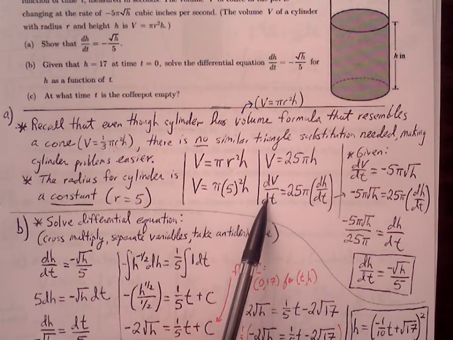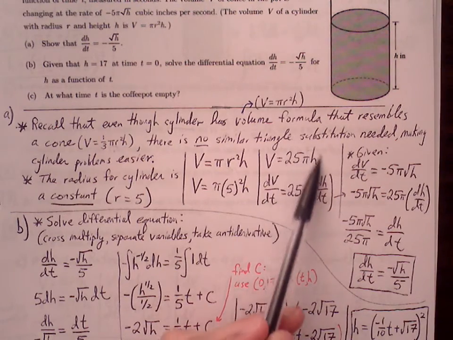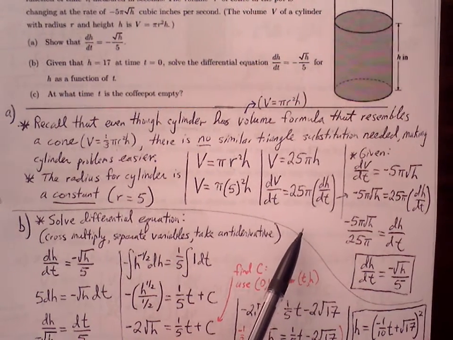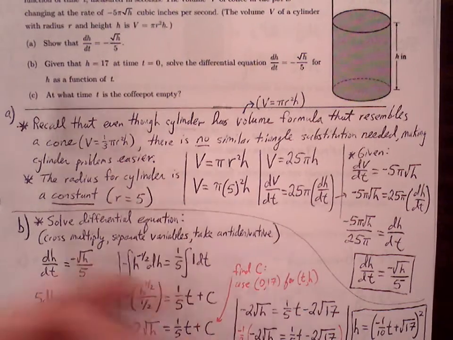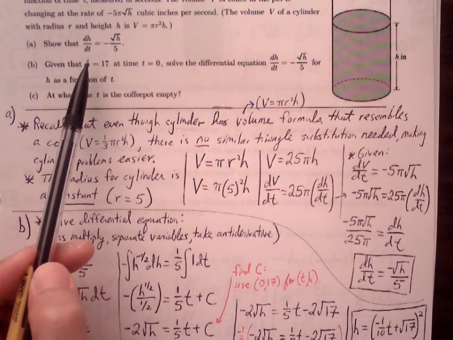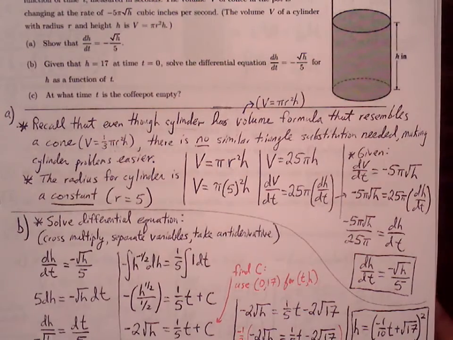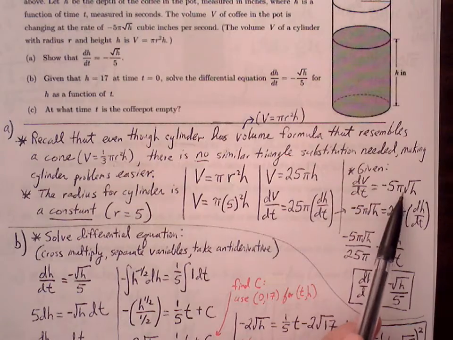So V becomes dV/dt. 25 pi is a coefficient, so it tags along to h's derivative, and h becomes dh/dt. We're looking for dh/dt, and we have dV/dt, which is negative 5 pi root h.